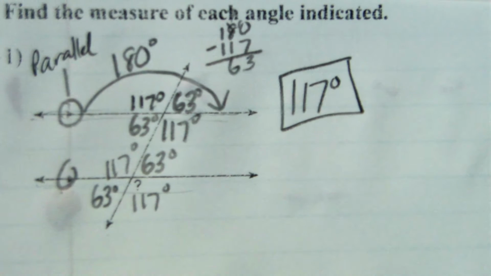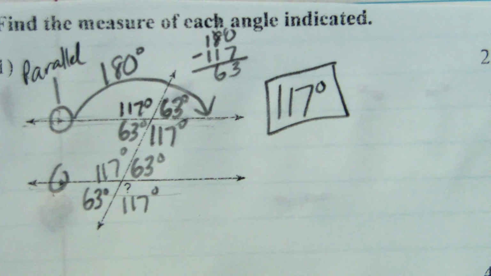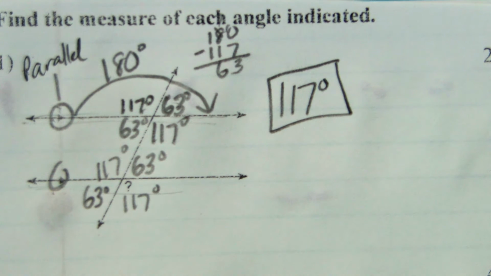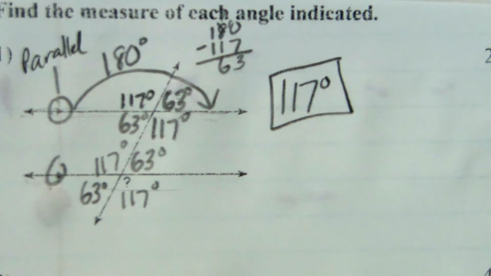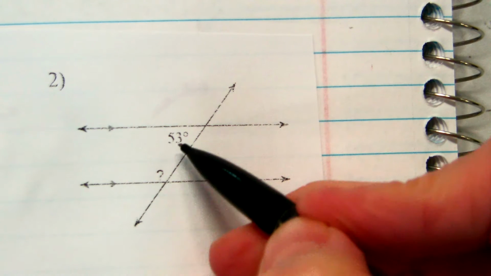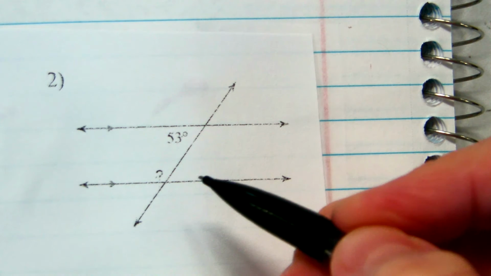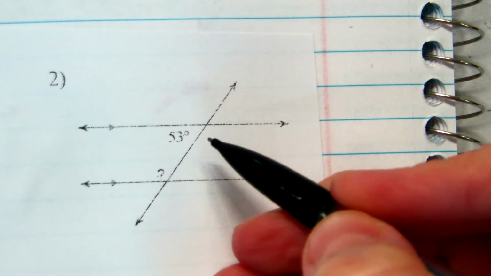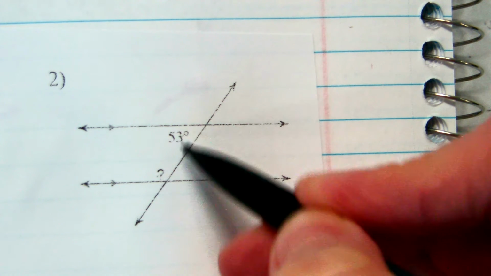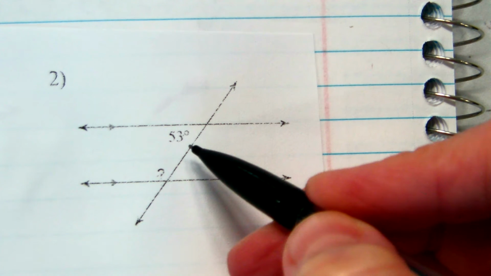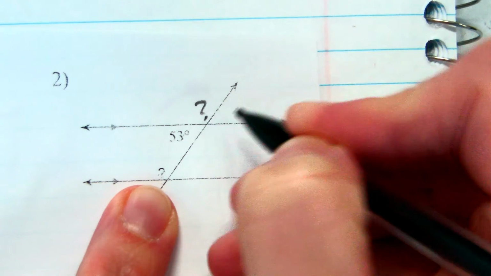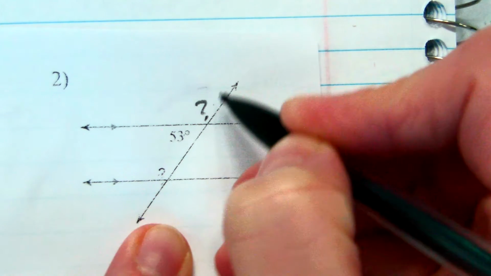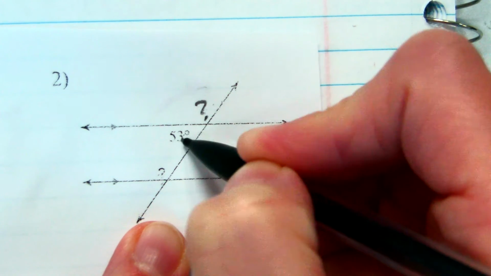Okay? So when we go through these, we have to ask ourselves, are these going to be the same, or are they going to add up to 180? So if I look at number 2, these two angles that are next to each other, are they going to be the same? No. But I know that this question mark would be the same as this angle up here, and I know that these would have to add up to 180.